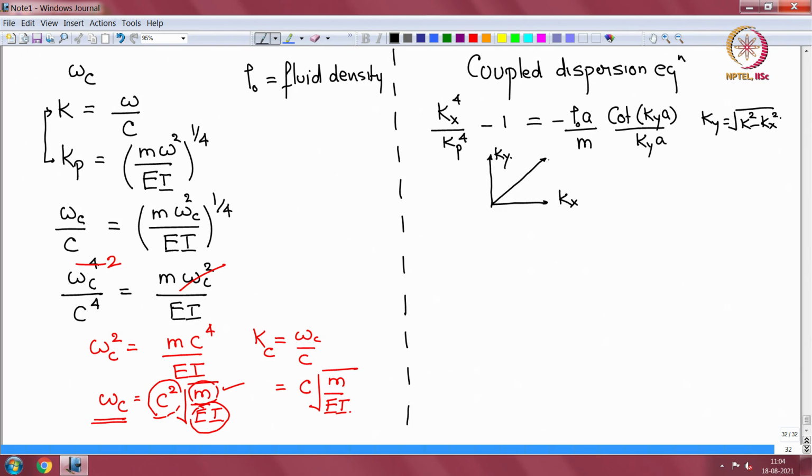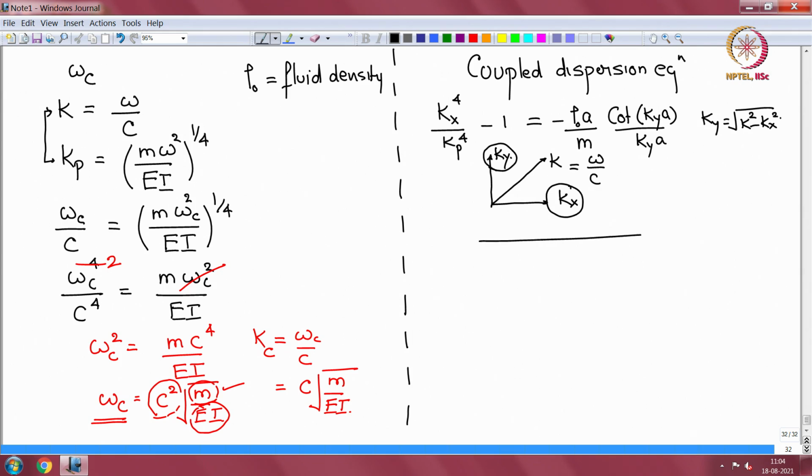So, at a given frequency k is known, right. At a given frequency automatically k, the total acoustic wave number, is known, whereas now because of the coupling the breakup into kx and ky is unknown. Okay. The two systems are interacting in a coupled manner.